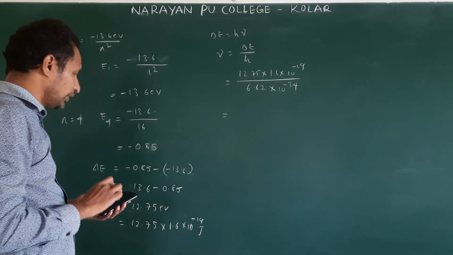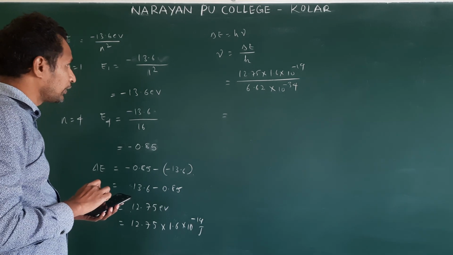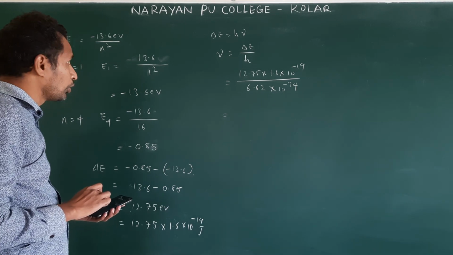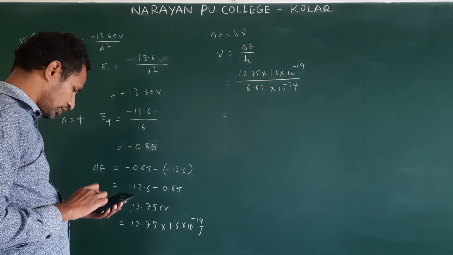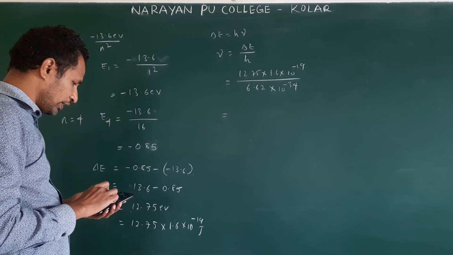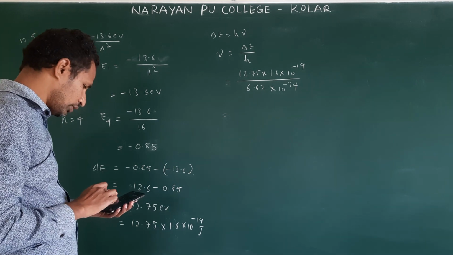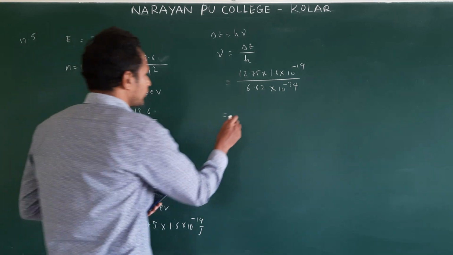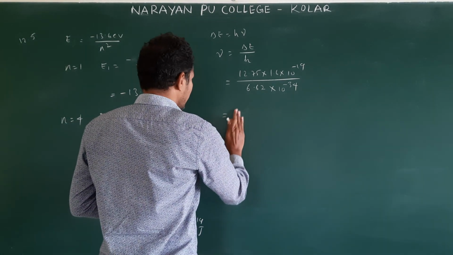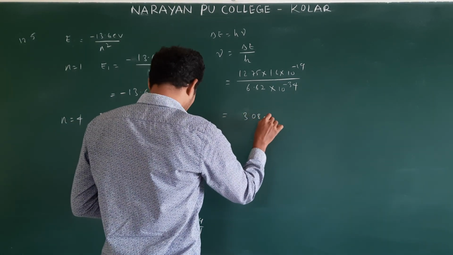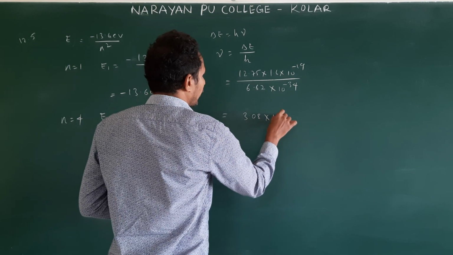So 12.75 into 1.6 divided by 6.62 is 3.08 into 10 power 15.